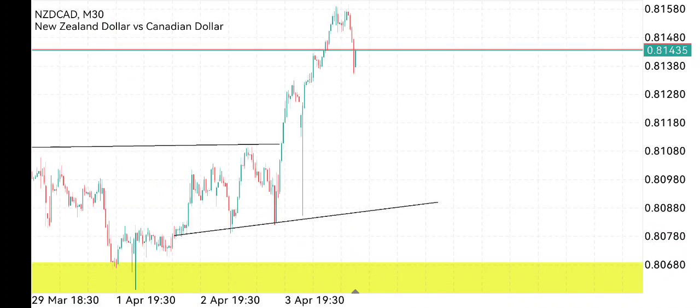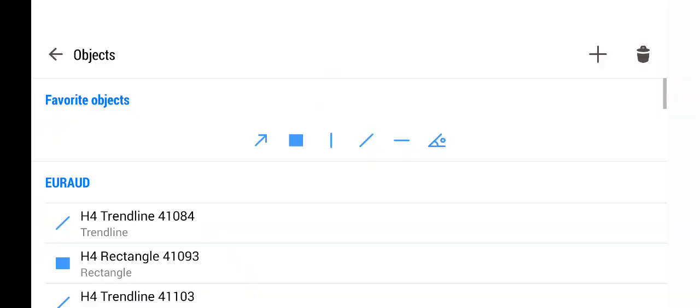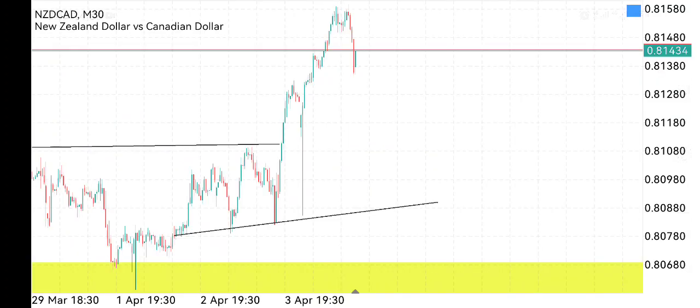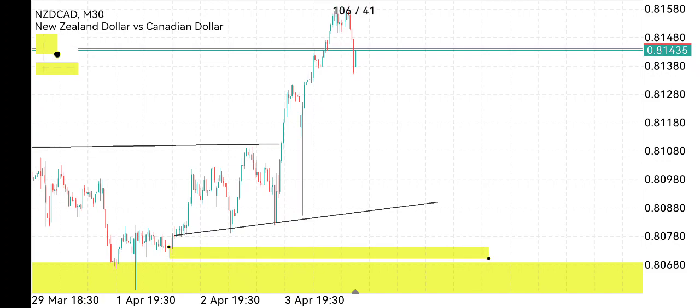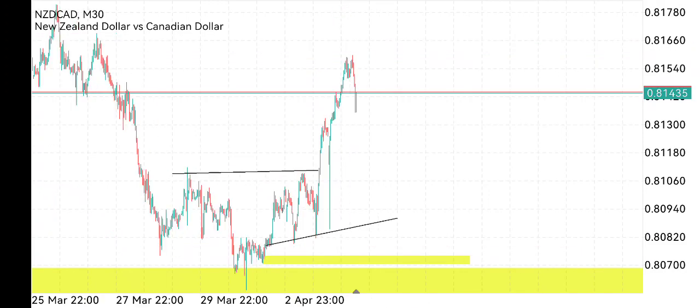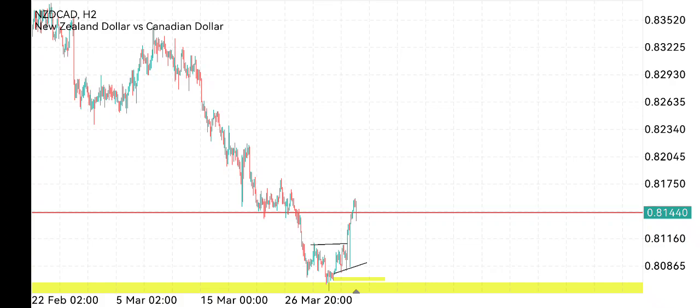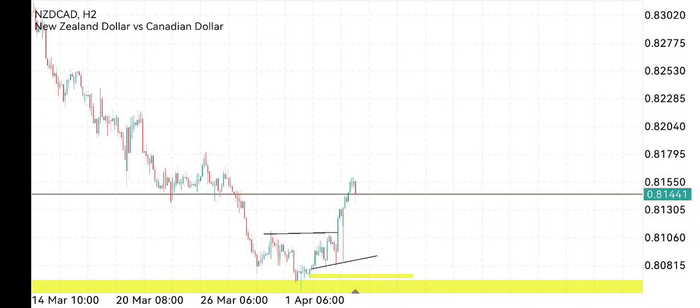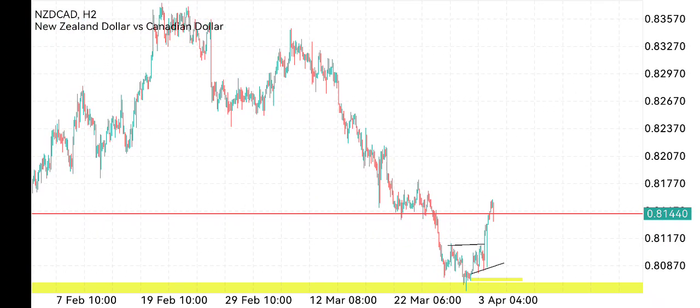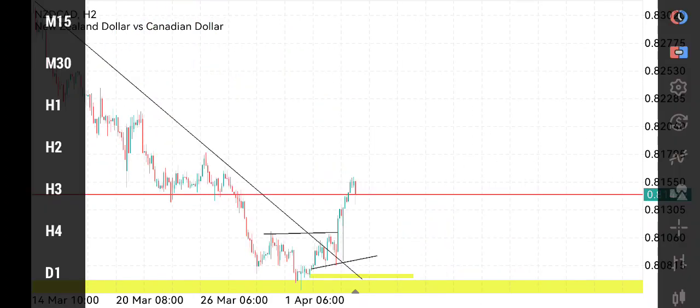Let's break it down. I prefer to use this zone here as my next area of interest, because you can see that even when you are using a trend and selling from it, they broke out from the trend line there. Then you take your buys.